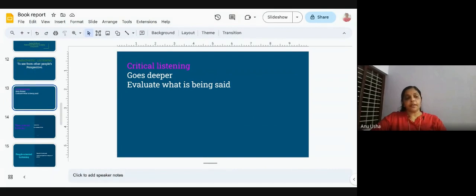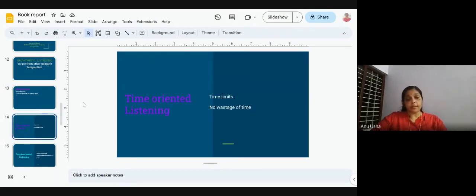That means you are not only hearing the words, you are looking at the bigger picture and comparing everything that you know. This sense of critical listening would actually come after we become adults, when we started to analyze so many things, we started to review so many things. So critical listening would happen in such a phase.